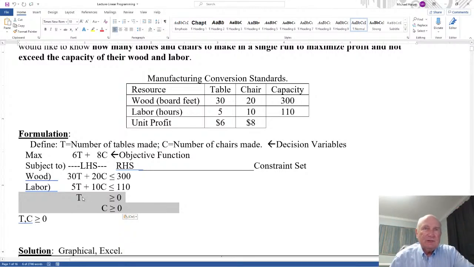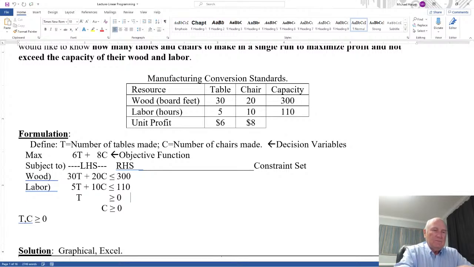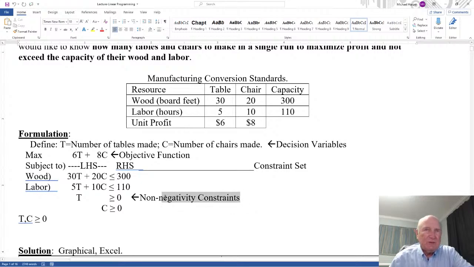So these two constraints right here are referred to as non-negativity constraints. And in everything we do in this course, we will always have non-negativity constraints on the decision variables. Okay, so there's two of them.